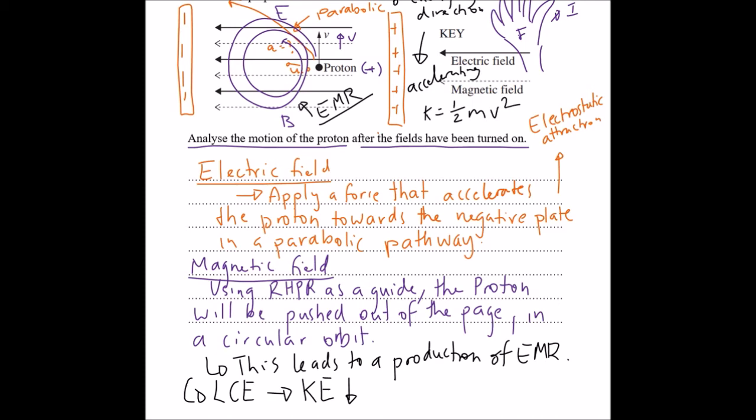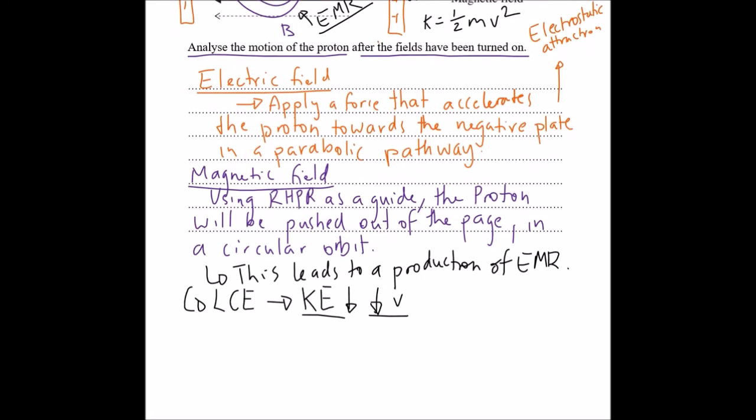So if kinetic energy is decreasing and the mass stays the same, that means the velocity will decrease as well. So we have lower kinetic energy, lower velocity, which means at the end of it, the radius of this circular path will also decrease as well.